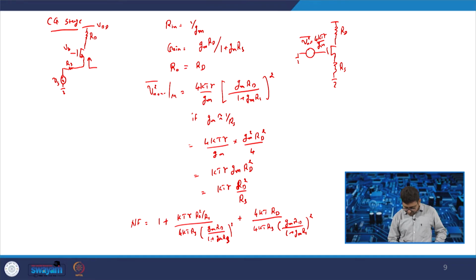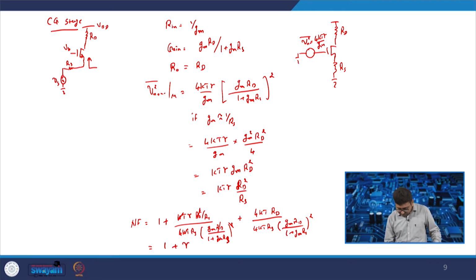Then Rs will be cancelled out, kT will be cancelled out, Rd square will be cancelled out, and Rs square is equal to 1 by Gm. So we get only the gamma. So the final noise figure is given by 1 plus gamma.